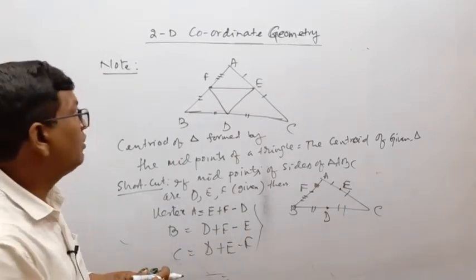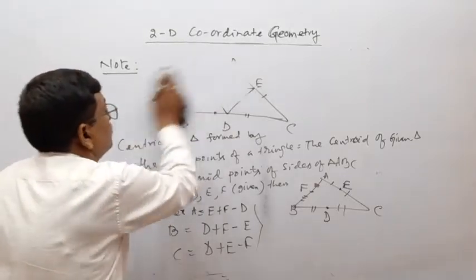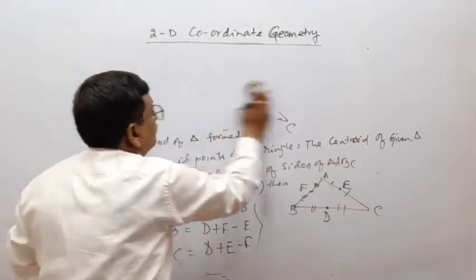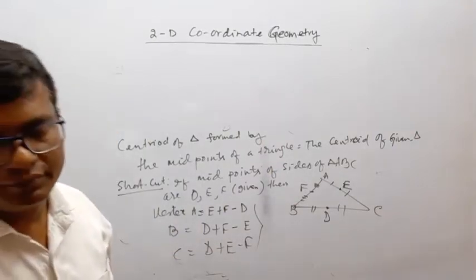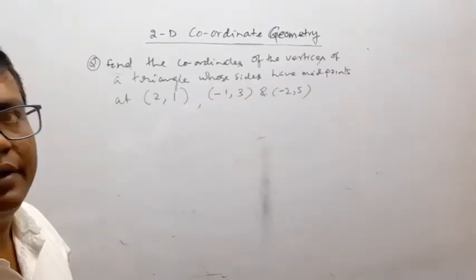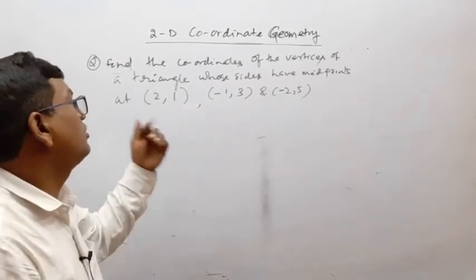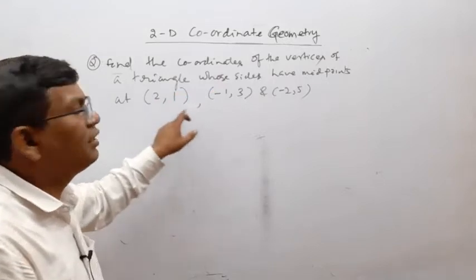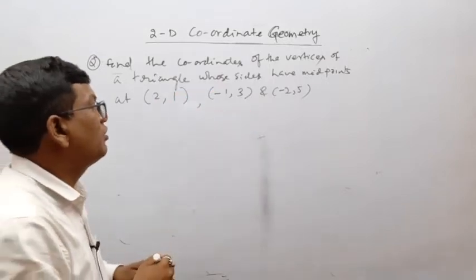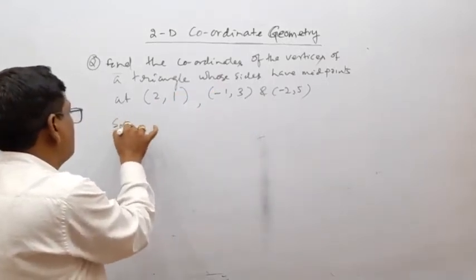Okay. Now one question. This is the question. Find the coordinates of the vertices of the triangle whose sides have midpoints 2, 1, minus 1, 3, and minus 2, 5. Solution by shortcut formula.